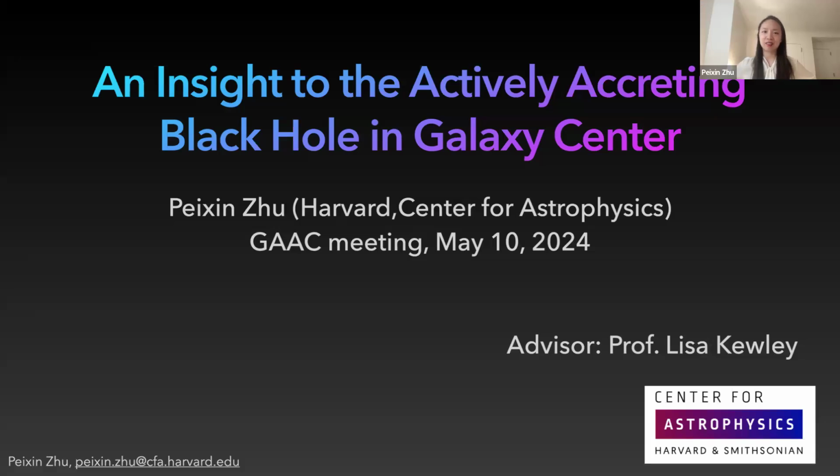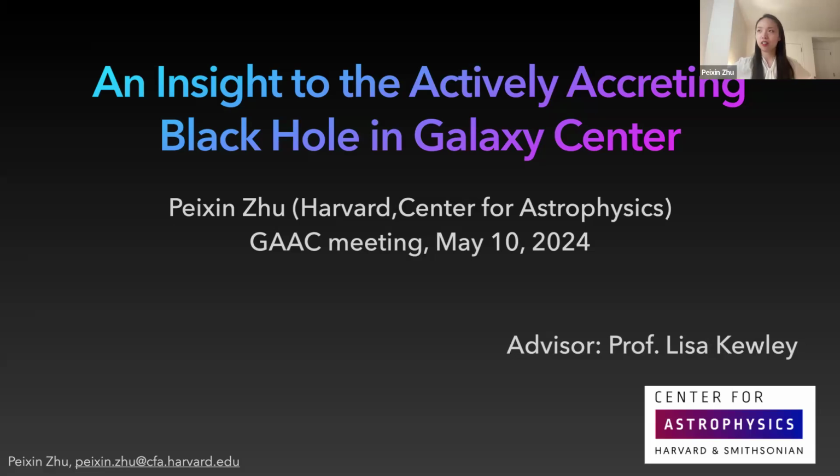Hi everyone. Thank you for asking me to give this talk. As just introduced by Michael, I'm a second-year grad student at Harvard University, working on a topic related to the radioactive activity in the galaxy center, which, if you have heard, is called AGNs.